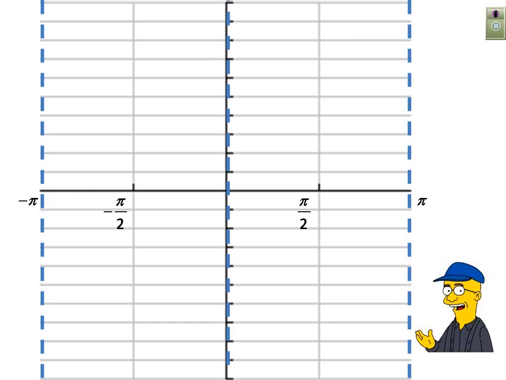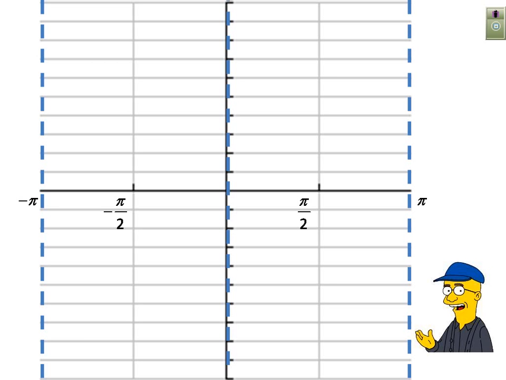So clearly we can see that between negative pi over 2 and negative pi, we're going to have a positive value for cotangent. On the other hand, between negative pi over 2 and 0, well, that's in the fourth quadrant. And in that quadrant, cosine is positive, but sine is negative. So we're going to have the graph below the axis there, because cotangent is negative there.